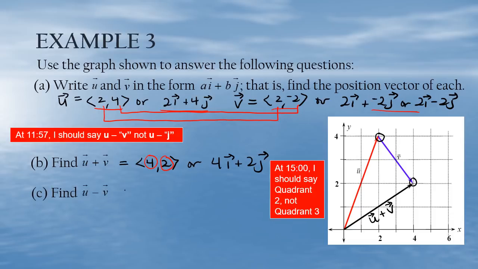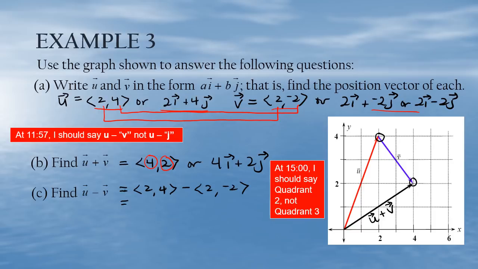Now, to find u minus v, I could sketch it out to find it, but I think what I'll do first off in this case is make use of my components. So vector u was (2, 4), and I'm going to subtract from that vector v, which is (2, -2).